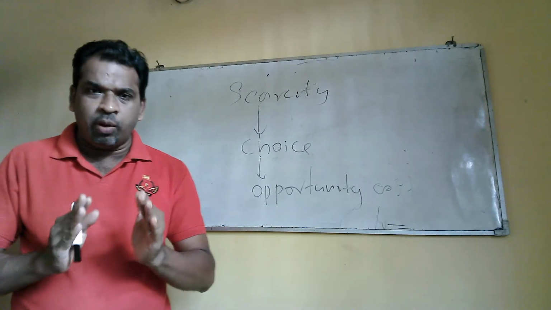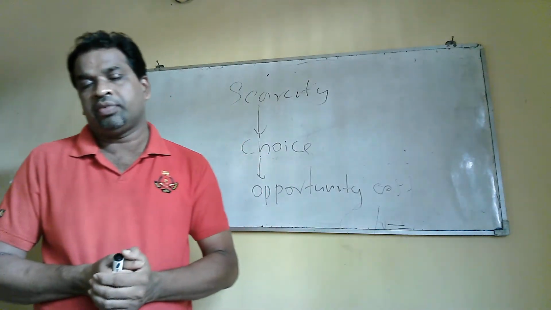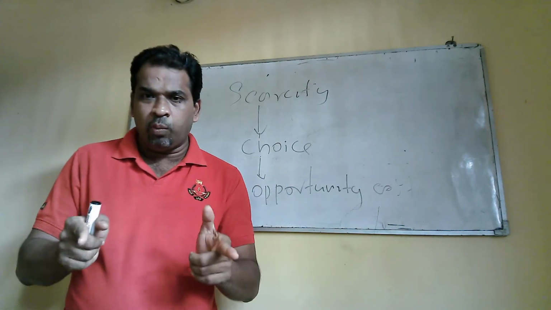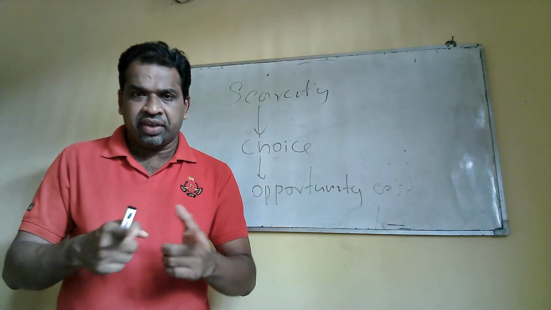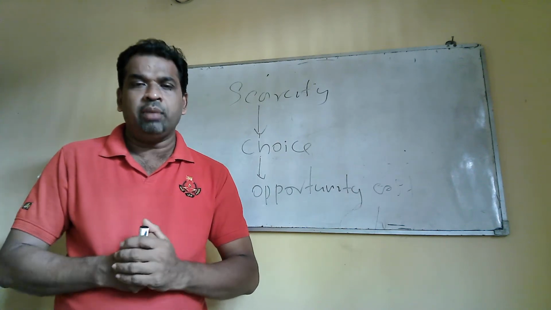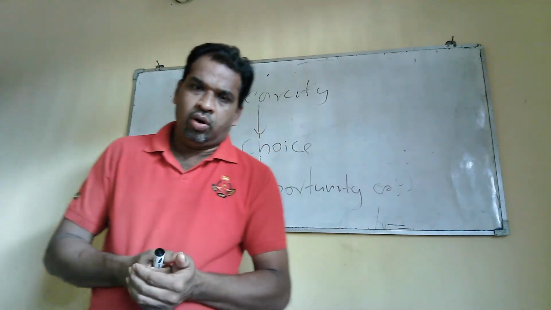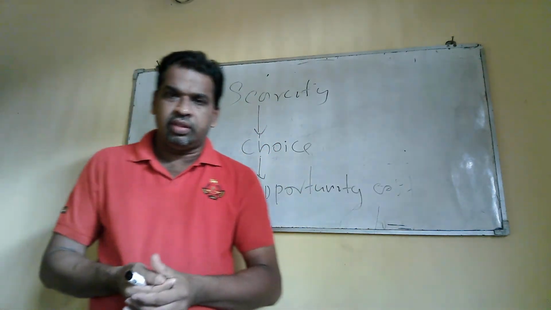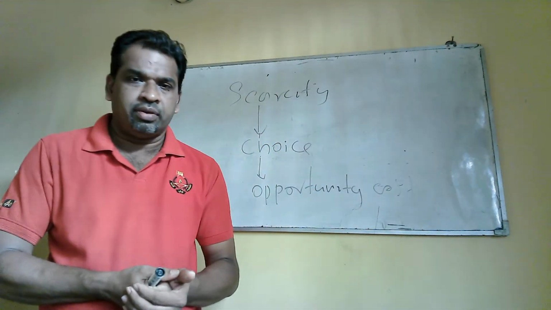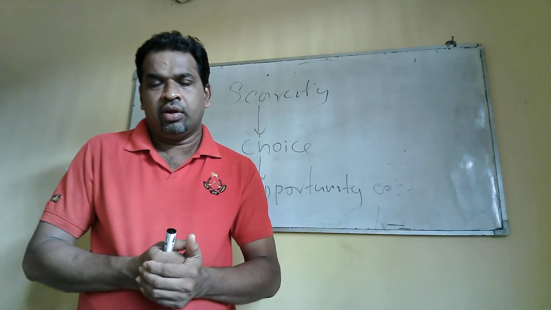Those goods which we have produced by using scarce resources or limited resources are called economic goods. If you take refrigerator, laptop or vehicle, they all are produced by using limited resources. They are coming under economic goods.